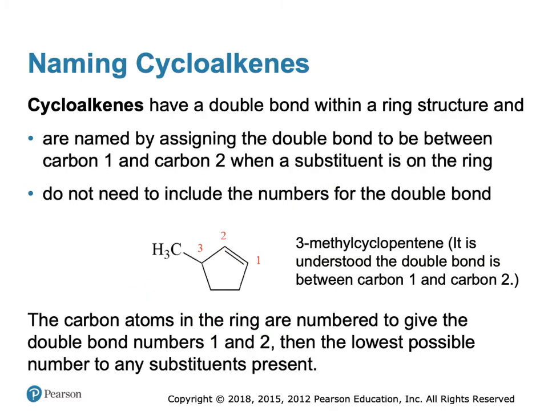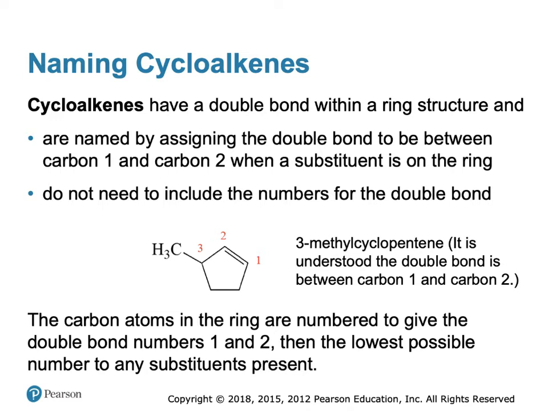Just as we had cycloalkanes, we can have cycloalkenes. Cycloalkenes have a double bond within a ring structure and are named similarly by assigning the double bond to be between carbon 1 and carbon 2 when a substituent is on the ring. You're trying to give the lowest number possible to the unsaturation.